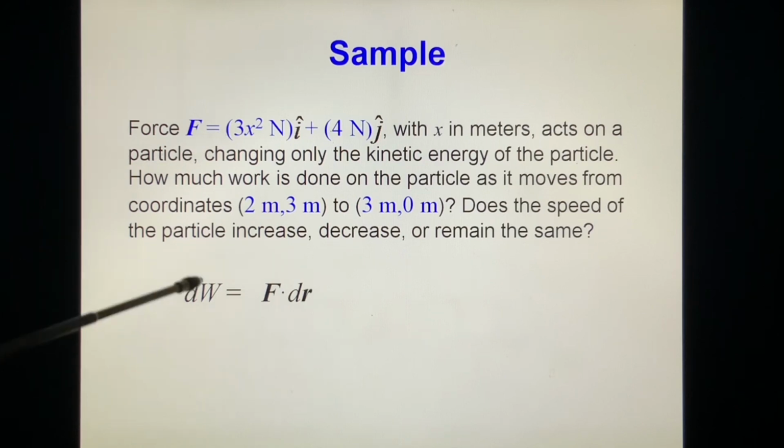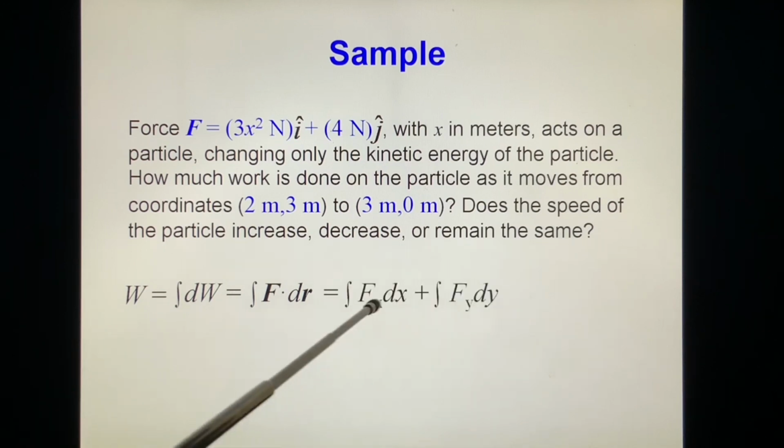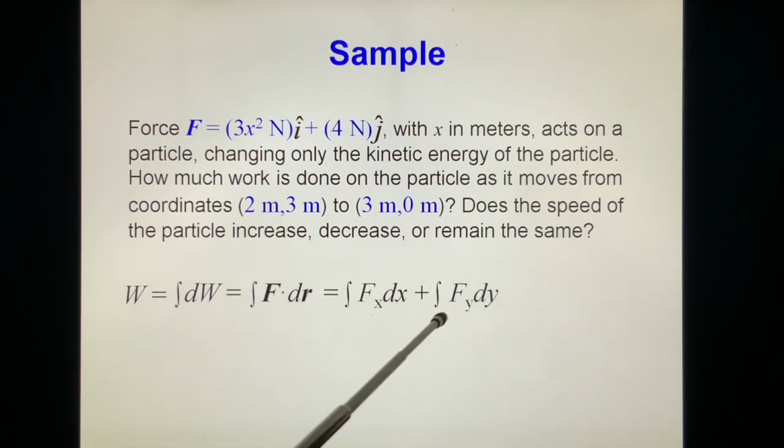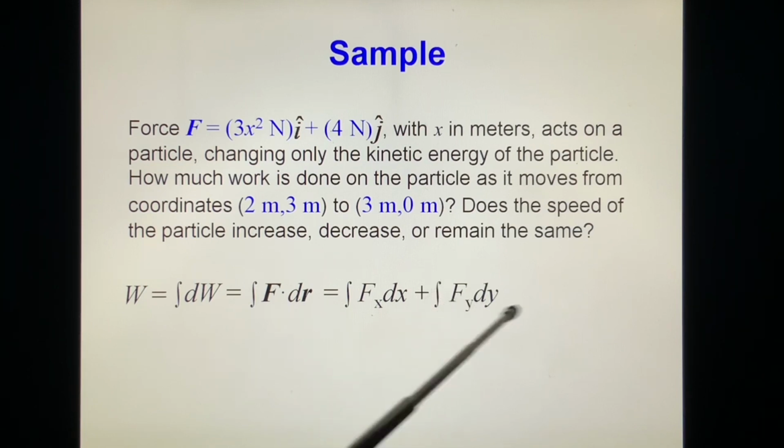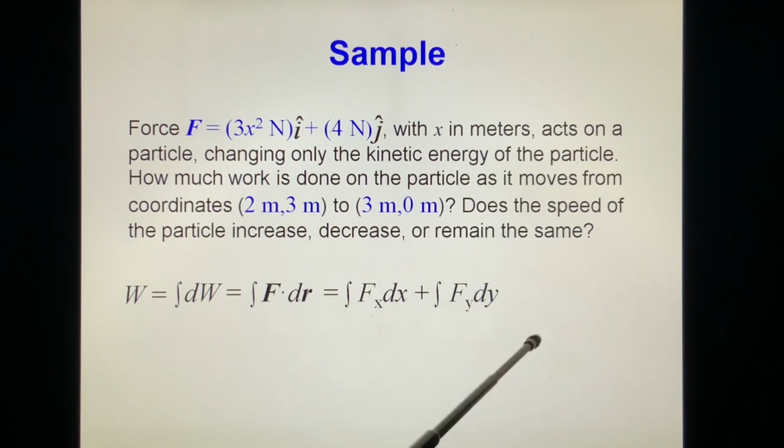As the formula, dW equals F dot dr. In this case, F is a two-dimensional vector, so we write this one: W equals the integration of Fx dx plus the integration of Fy dy. If it is three-dimensional, we have an extra term, the integration of Fz dz.